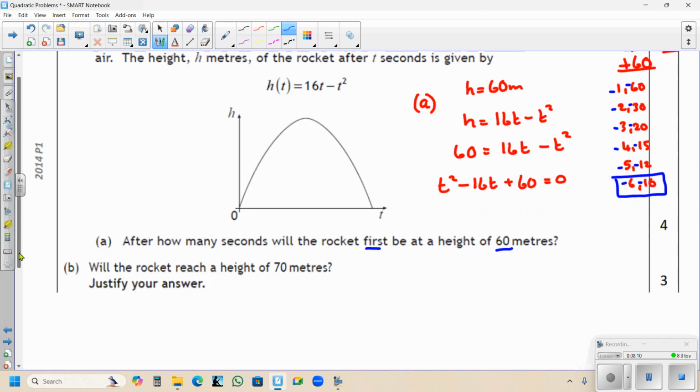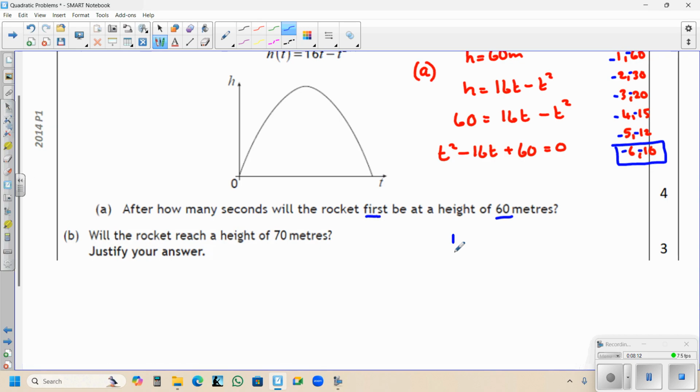So we'll factorise that. That would give me t squared minus 6t minus 10t plus 60. Now, I've also said before that if you've got one factor that's negative and one's positive, always write the negative one first. Both of them are negative, so we don't have that option. We just have to go with it. So we're going to split that right down the middle.